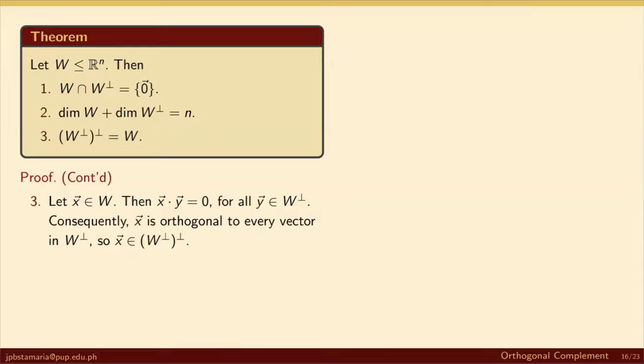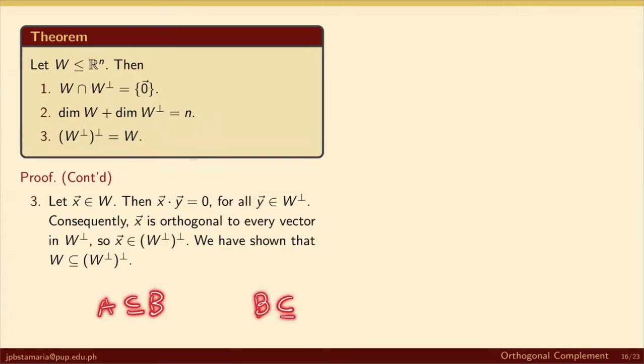So what did we prove? We proved that whenever X is in W, it's in the perp of W perp. So this means that this set is a subset of that set. To prove this equality, if A is a subset of B, for them to be equal, we have to prove that B is a subset of A as well.